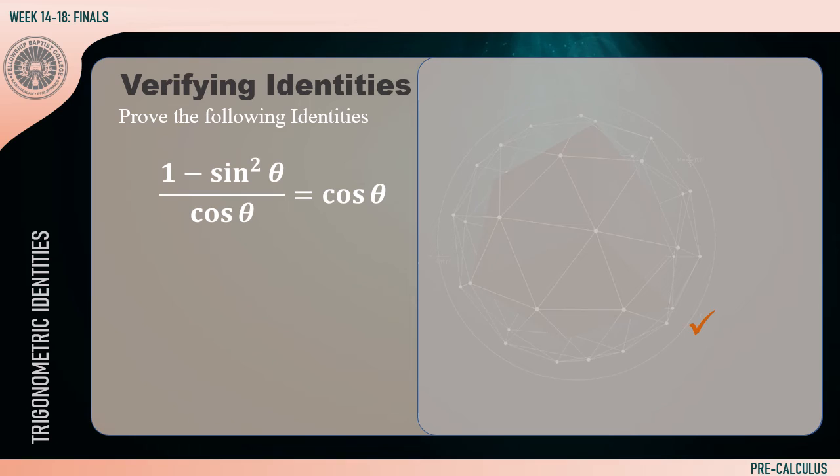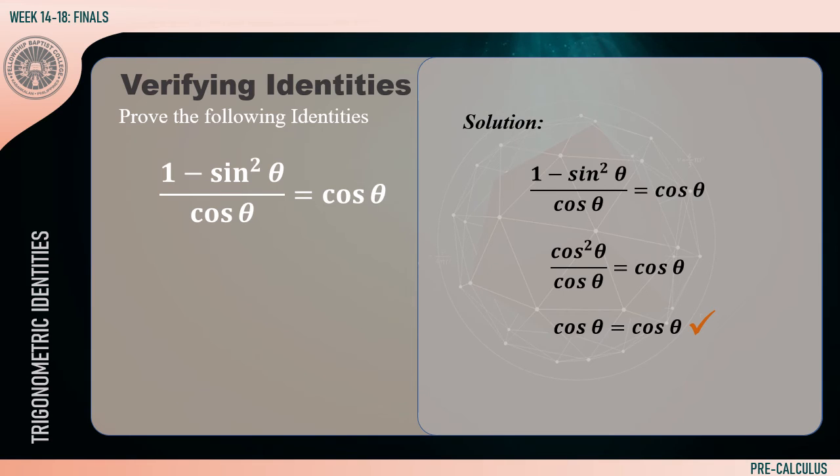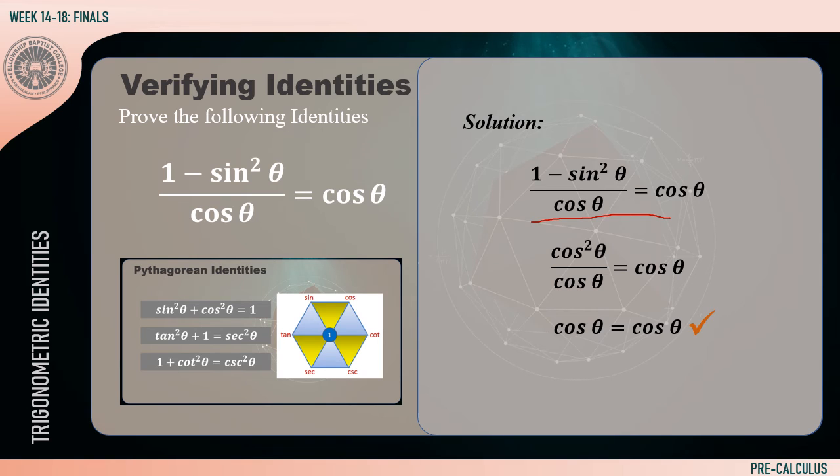Okay, another example, prove the following identity: 1 minus sine squared theta over cosine theta is equal to cosine theta. Okay, solution. So take note, based sa ating Pythagorean identities, we have an equation relating sine and cosine.